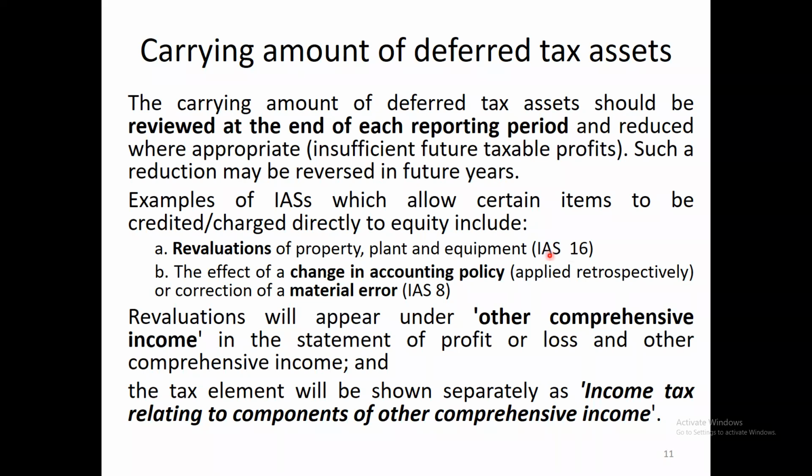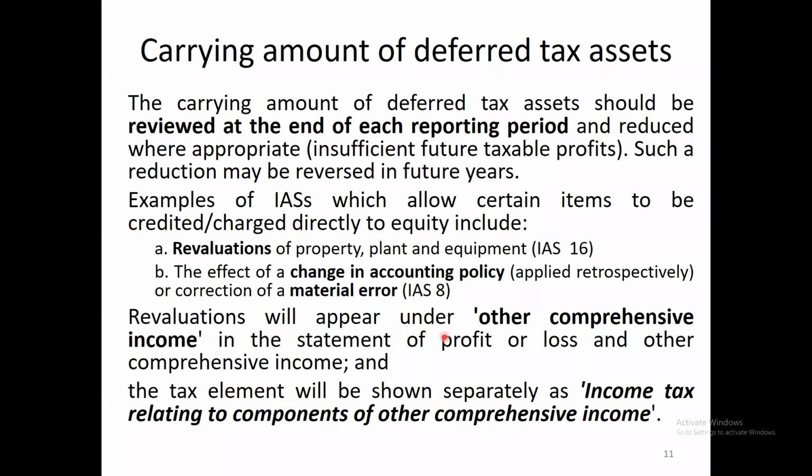In this case, there will be changes in the carrying amount of deferred tax assets, and the effect of changes in accounting policy and correction of material error. So due to these two reasons, A and B, there will be changes in the carrying amount of deferred tax assets. Most importantly, we have to see the revaluations of assets.